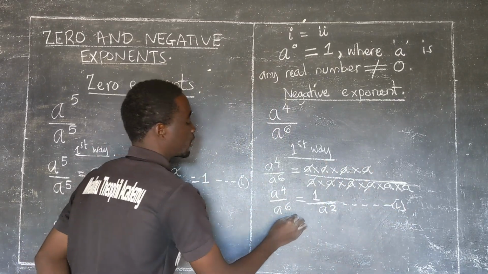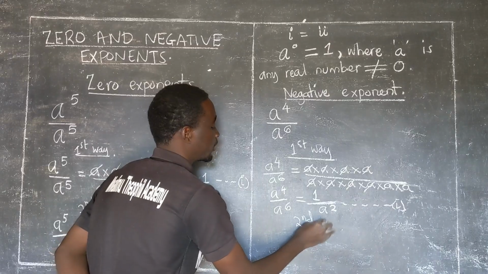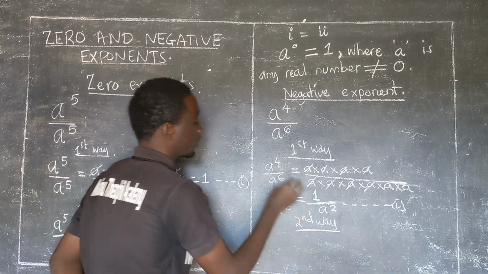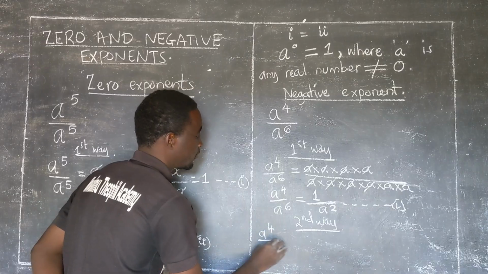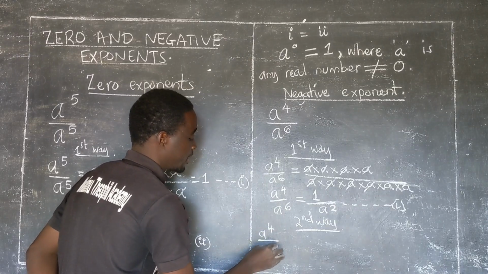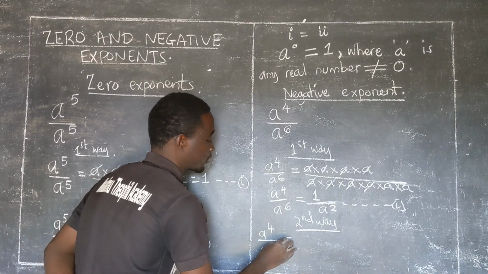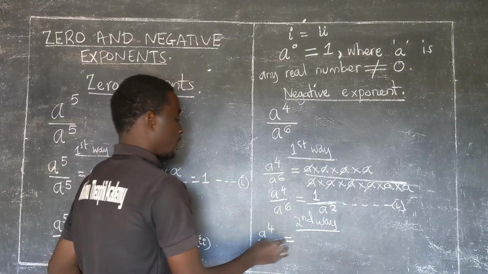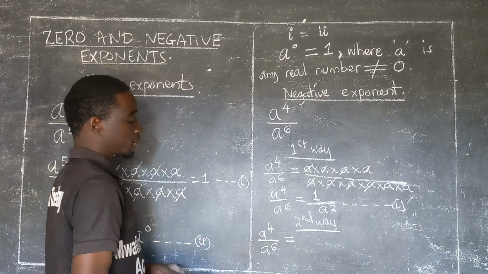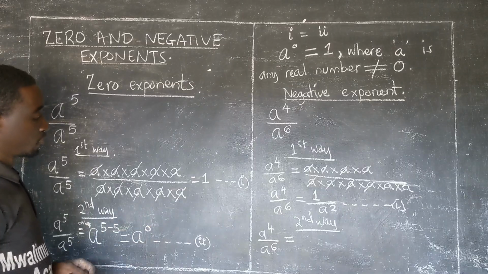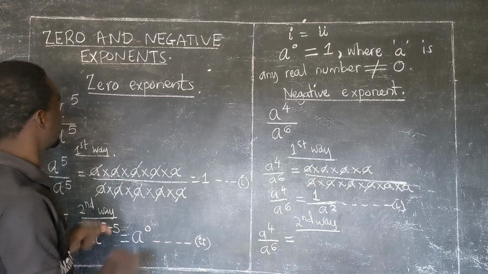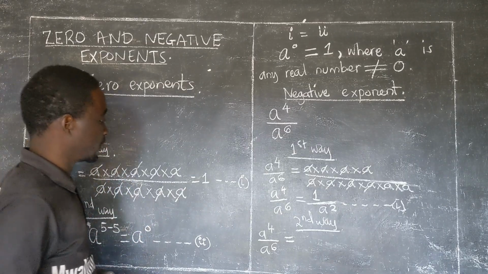Let's go to a second way of solving this. Second way, we may say that a raised to 4 divided by a raised to 6 is equal to. Here we are going to use the same division law of exponents as we have done in the first part when we were dealing with the zero exponent.